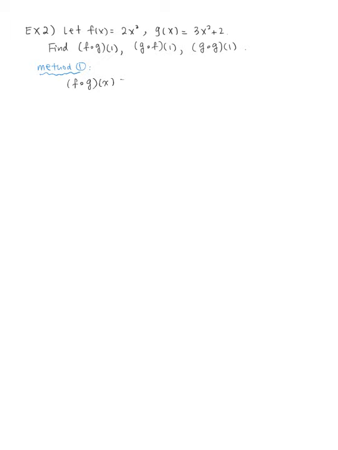So first, let me rewrite this as f of g of x. We're going to do the same thing as before. So this is f of (3x squared plus 2). Now you better be looking at f of x, and your job is to replace its x with what's in the parentheses. So here you're going to have 2 times (3x squared plus 2) to the third power.